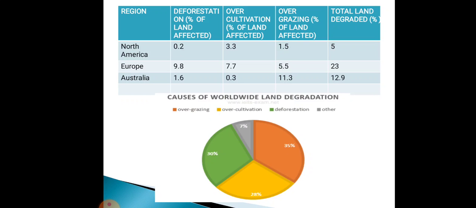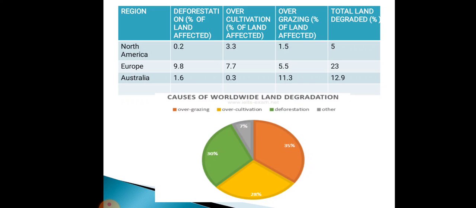For example, you can write that these causes affected different regions differently, with Europe having as much as 9.8% of degradation due to deforestation, while the impact of this on Australia and North America was minimal, with only 1.6% and 0.2% of land affected, respectively.